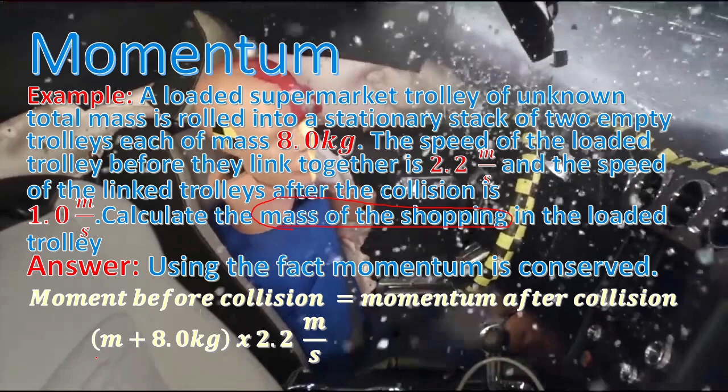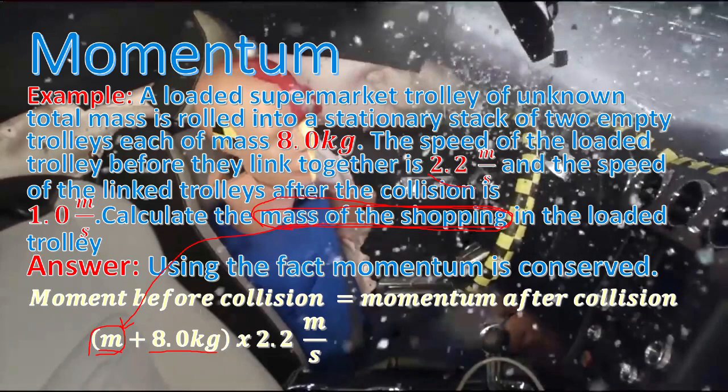So we have the mass of shopping, m. We don't know this; this is the one you're going to calculate. Plus the mass of the trolley, because without the trolley we cannot put the supplies. So we have the mass plus the mass of the trolley times the speed.